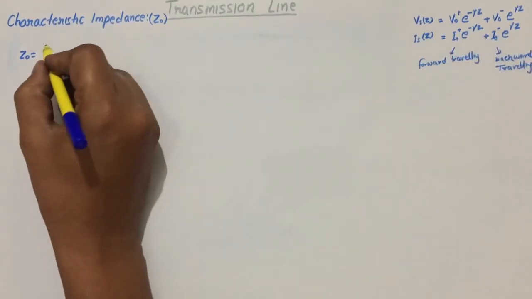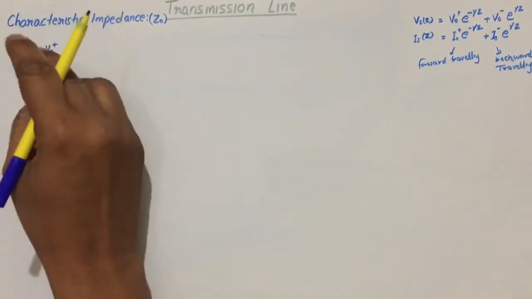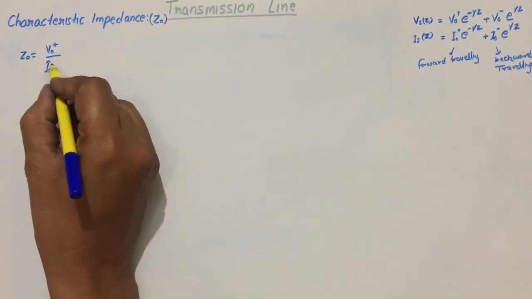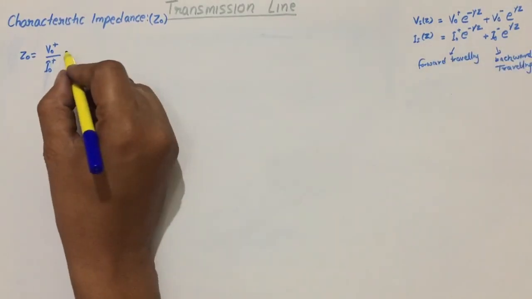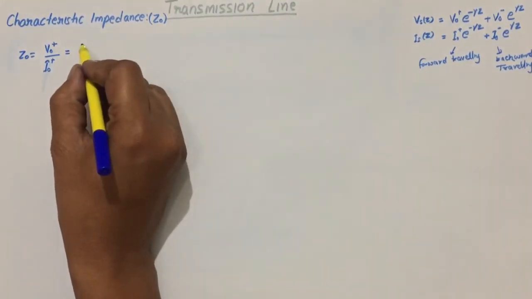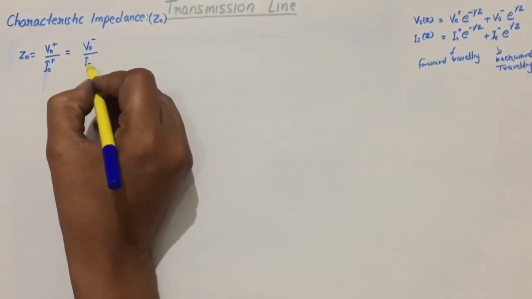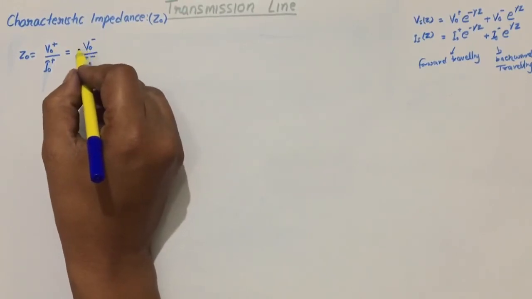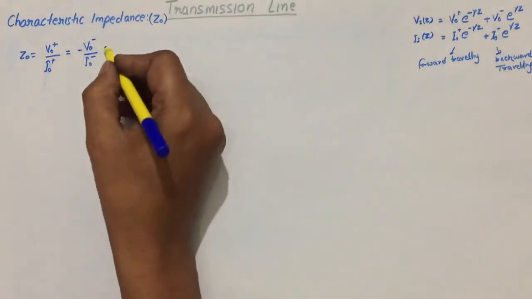And it can also be written as the ratio of the reverse traveling voltage wave to the reverse traveling current wave, but it is traveling in the reverse direction, so it should be minus here.